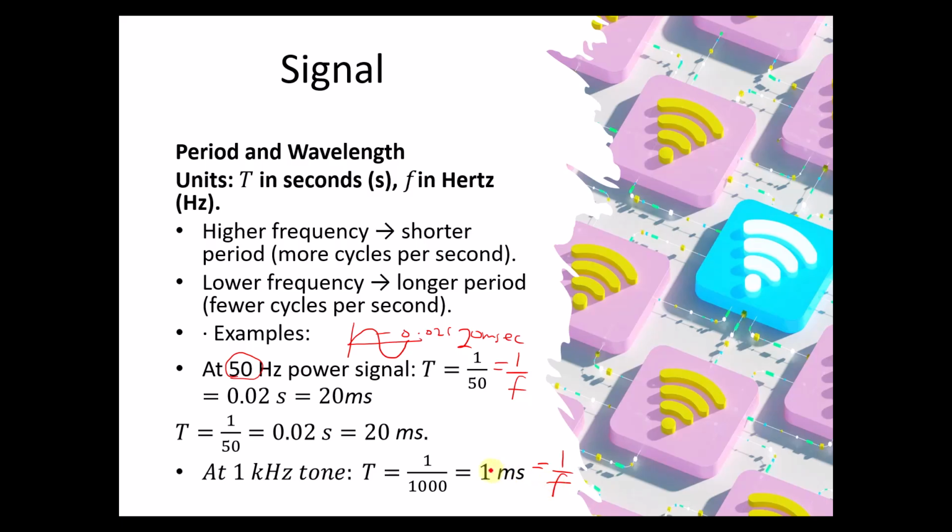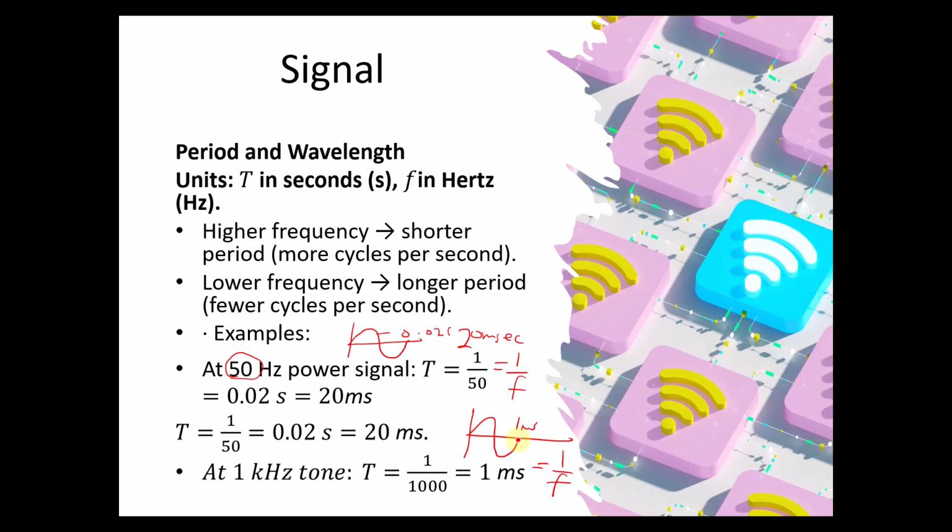So 1 divided by 1000 is 1 millisecond. So for a 1 kilohertz tone, that signal will take 1 millisecond to make one complete cycle. So this is how you calculate period from frequency.